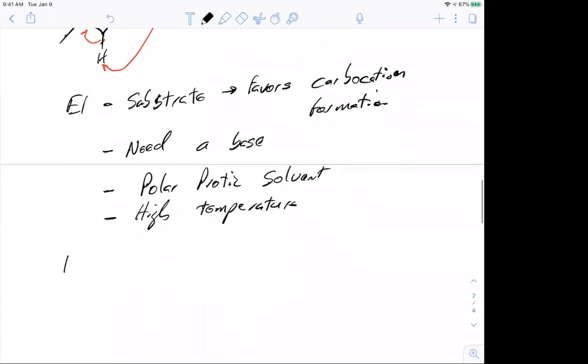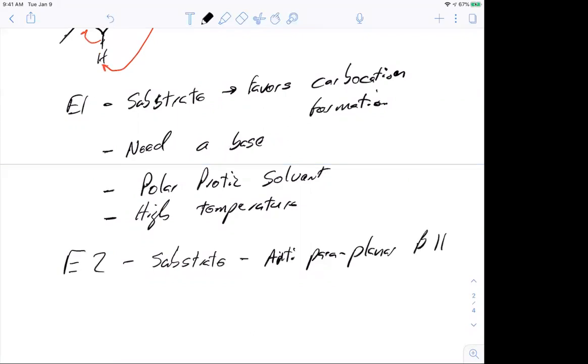If we look at E2, the only real thing that we need to watch for in the E2 substrate is that we can form an anti-periplanar beta hydrogen arrangement. If we can do that, then most anything else works. We do need a good base.